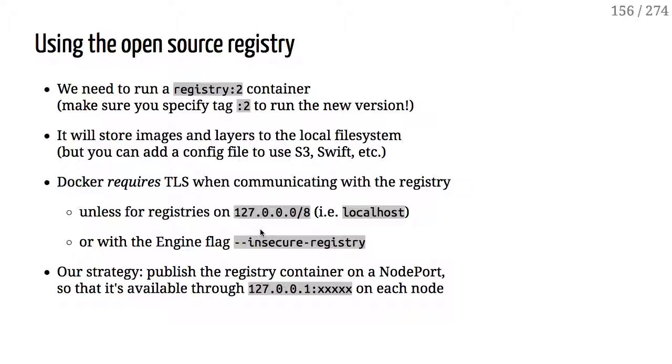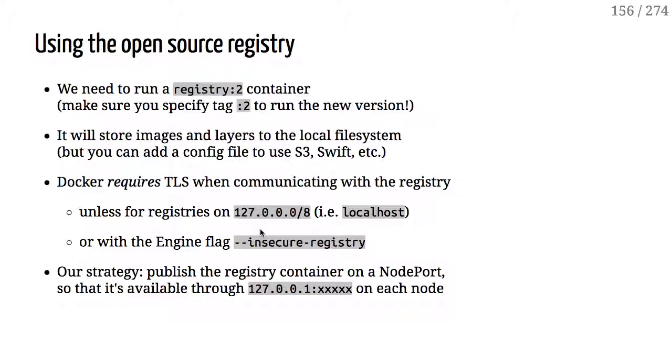And then there is another trick or hack. By default, the Docker engine insists that you talk to the registry over TLS. This is because lots of people scream very loudly if they see insecure things, like, oh look, the Docker engine connects to registries but doesn't check certificates. That's a huge security issue. So we said, okay, fine, we're going to require TLS when talking to the registry. That way people will be happy.